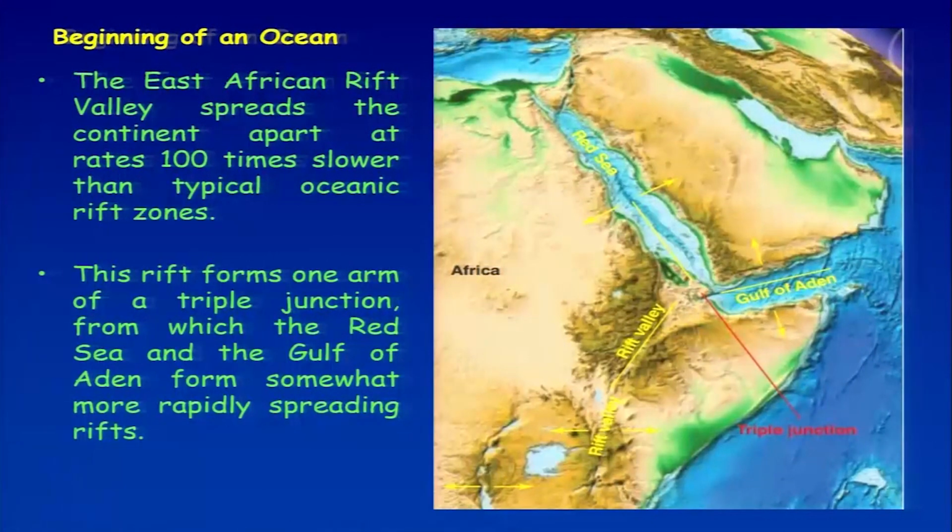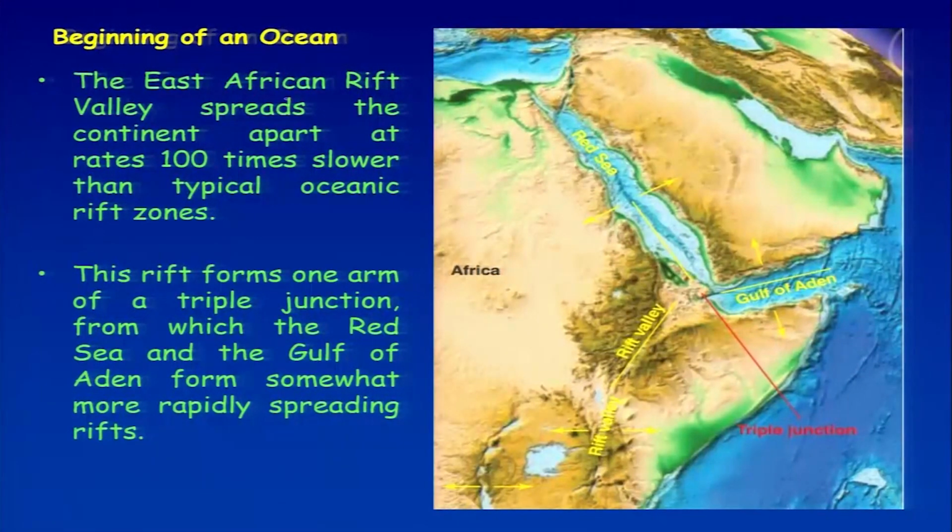We have the East African Rift Valley spreading away, this one here. We have another one along the Red Sea. So you have the African plate and Arabian plate here, and then we have the area along the Gulf of Aden, which is also moving away. See, the yellow arrows show the drifting of the different plates with respect to one another.